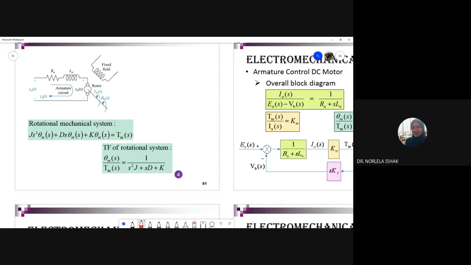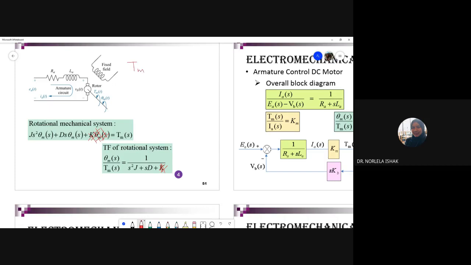There is no spring here. So this one doesn't have it. This also doesn't have it. So we can derive the equation for the rotational mechanical system like this.